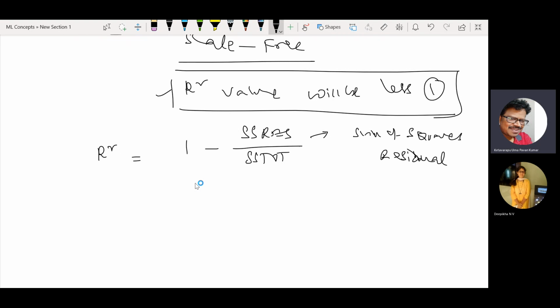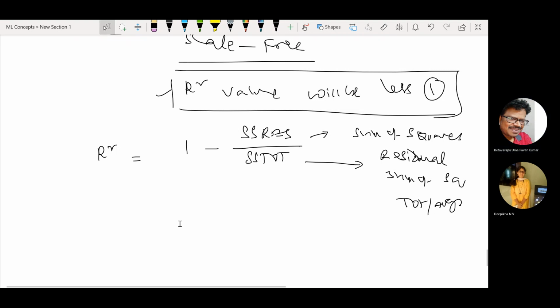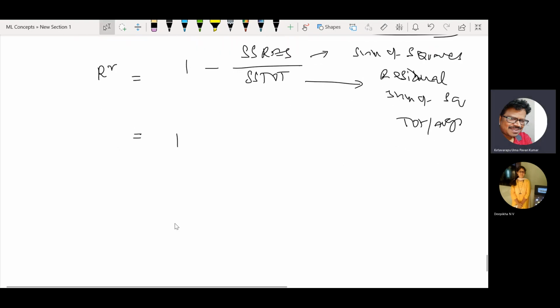Residual means error, as we have already seen. The other is the sum of square total, or average, because we are doing that averaging. Now, how do I substitute the things? The formula for the numerator is the sum for i equal to 1 to n of yi minus yi cap, actual minus predicted, whole square.